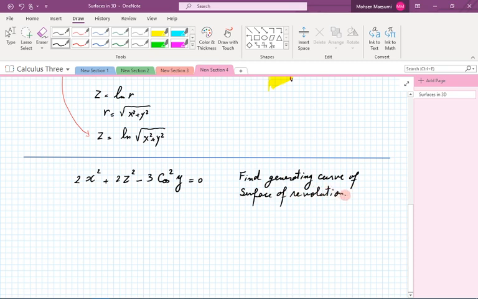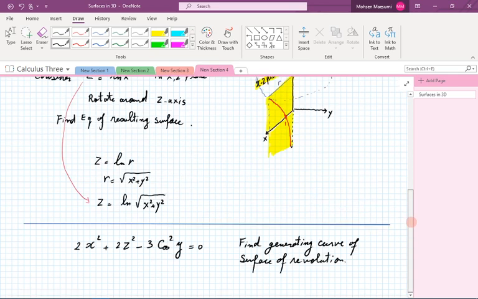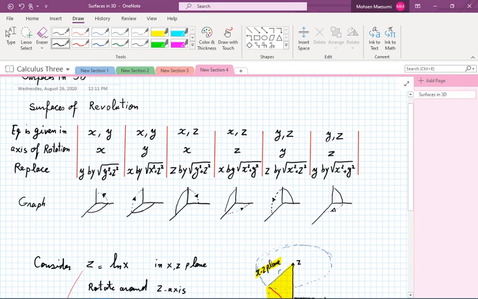If you want to know what this looks like, you can go to that website we had and just type it in and you see an interesting picture. Remember, in a surface of revolution there are always two variables whose squares are added up.